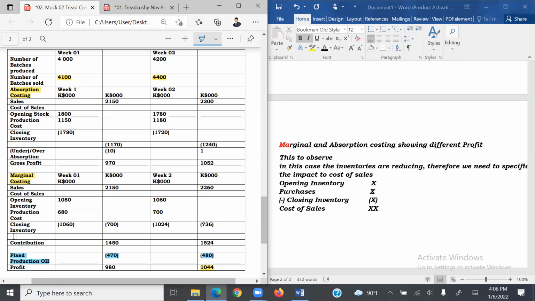But here, instead of gross profit, they have contribution. You get what I'm saying? They have contribution. But here, what they have is directly a gross profit of 970. So here they do not have contribution. They are just having something called under or over absorption.